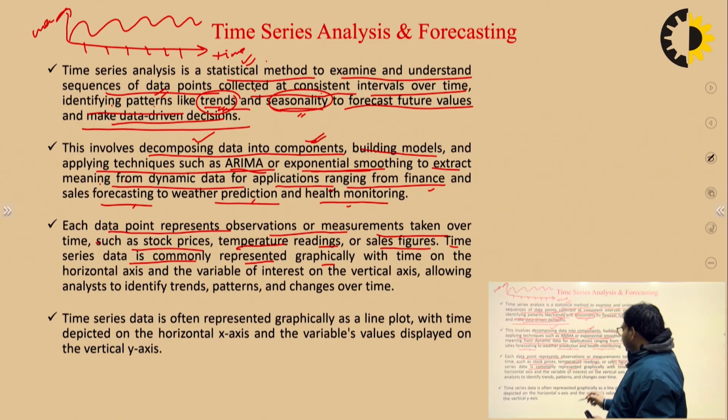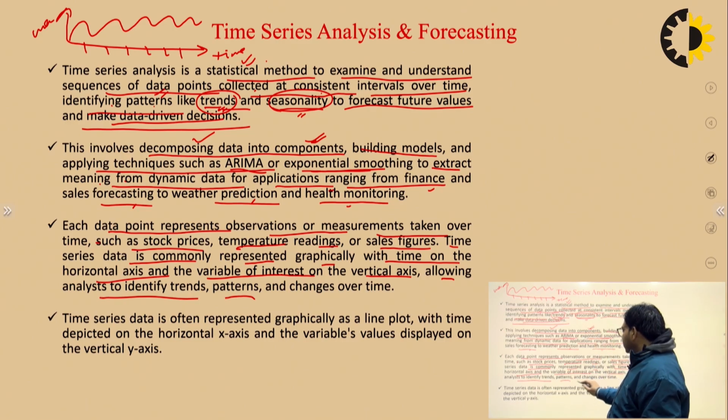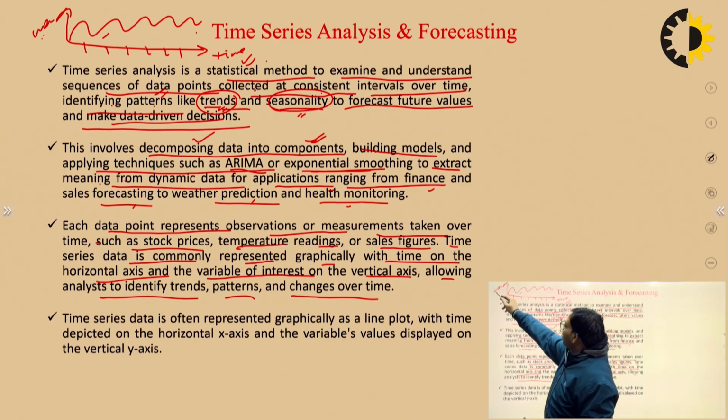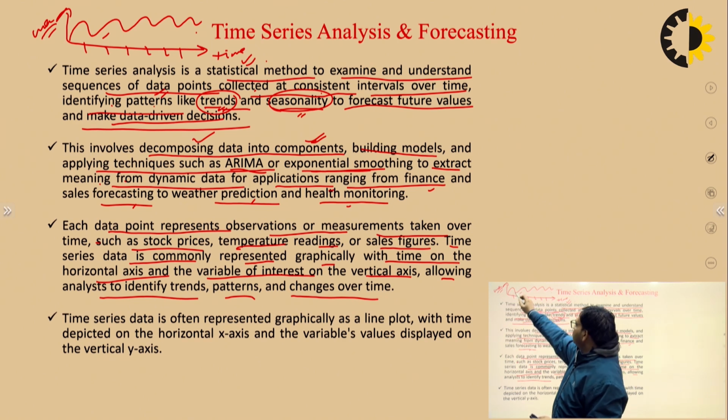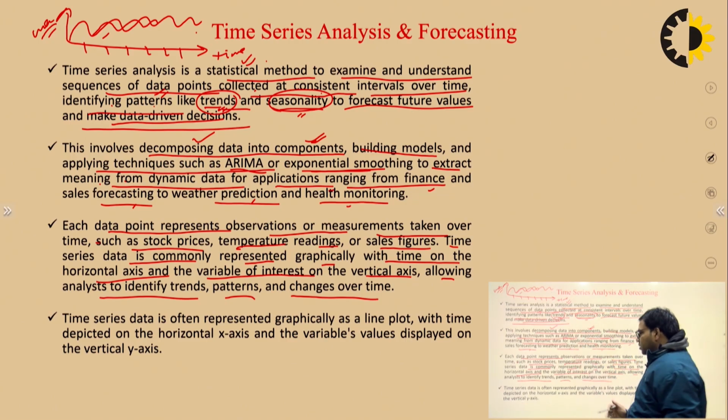It is represented graphically with time on the horizontal axis and the variable of interest on the vertical axis, allowing analysts to identify trends, patterns and changes over time, which tells us how the data is changing over time. A particular value of my interest is changing over time, towards which direction? Up, down, or stagnant, etc.